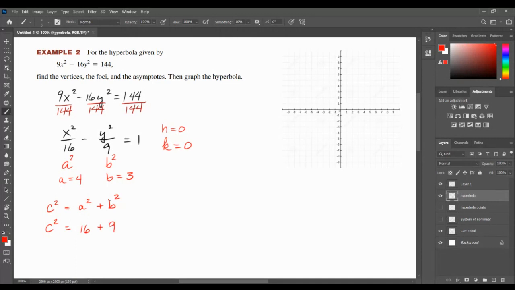I've already got a squared and b squared. Those are the two denominators. So I didn't actually have to square the 4 again and the 3 again, but I do need those for graphing purposes. 16 and 9 are 25, so C is 5. All right, so the center is HK.